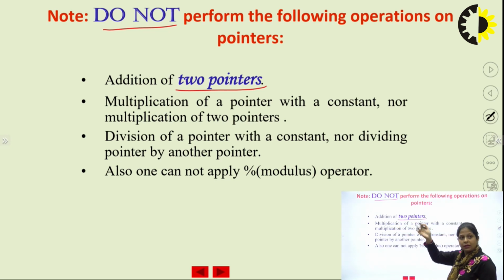Similarly, when we multiply addresses, that will be humongous, right. So, no multiplication of a pointer with a constant, nor multiplication of 2 pointers. Similarly, no division of a pointer with a constant, nor dividing a pointer by another pointer. Also, use of the modulus operator is not allowed or applicable on pointers.